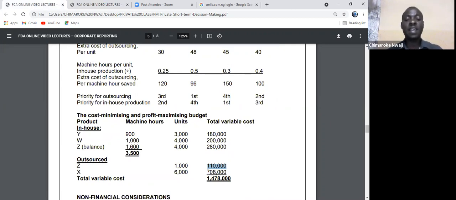It may seem here that we are spending 708,000, which is higher than all the others.